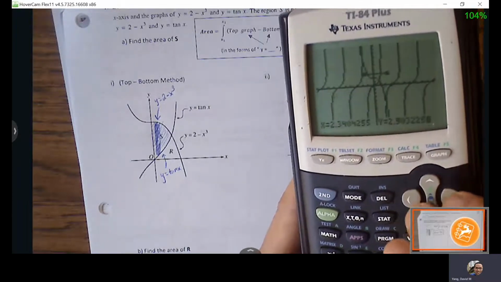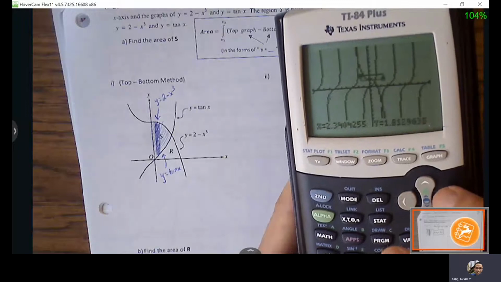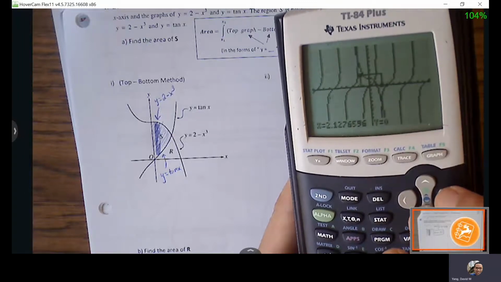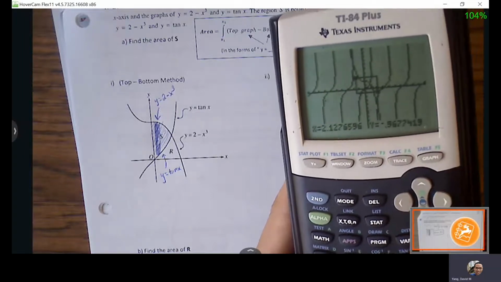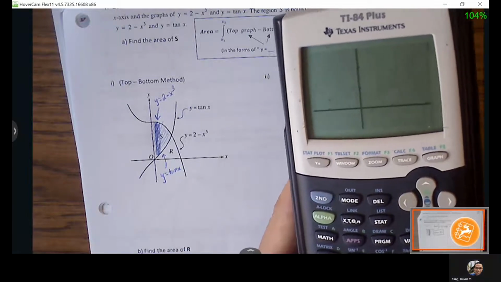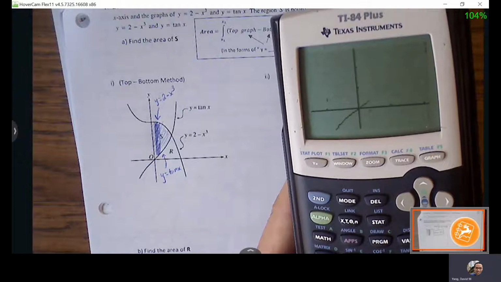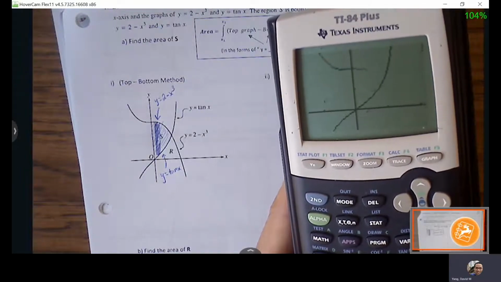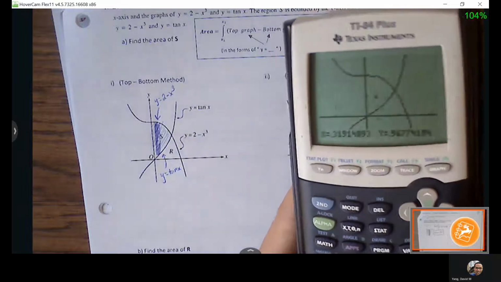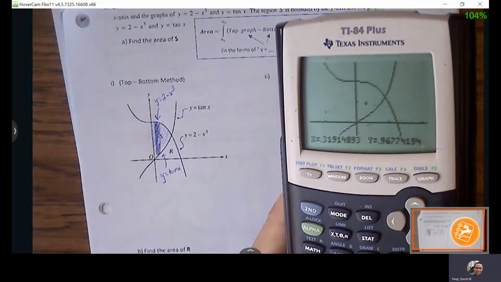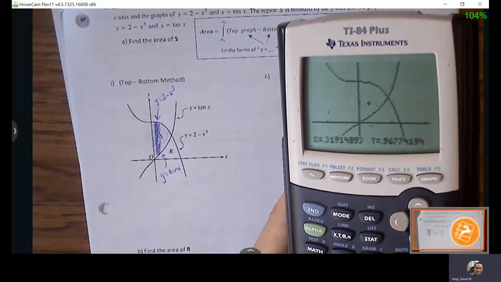I can drag it left and right, and then up and down, and you can see where that box is forming. Now you hit enter again, and you should see a much clearer picture of what we want to work with. Any questions? Anybody have any issues getting that to show up?